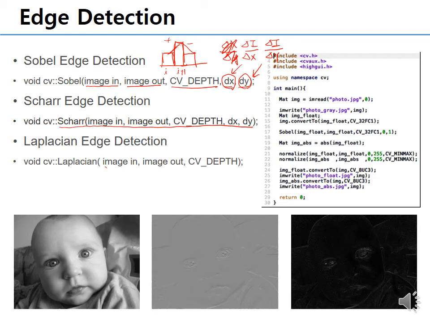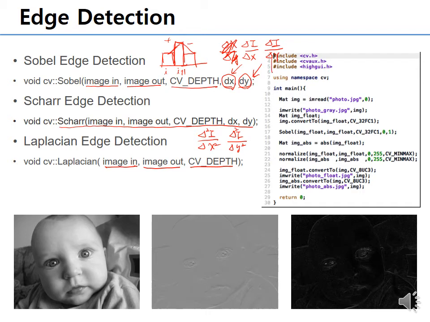So Laplacian edge detection takes the input image, the output image, and the image depth. So Laplacian is delta squared I over delta x squared plus delta squared I over delta y squared. This is the second derivative of intensity. So let's look at the sample program.